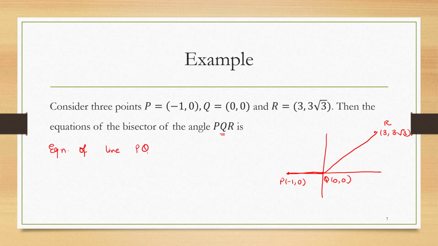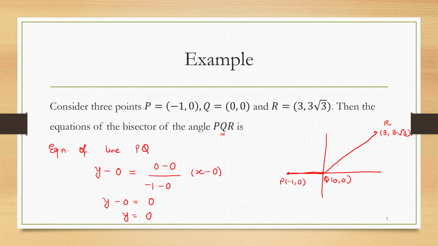For this we will use the 2-point form of equation of line, that is y minus y1 is equal to (y2 minus y1) upon (x2 minus x1) into (x minus x1). So we get y minus 0 is equal to 0, that is y is equal to 0. Otherwise also we can see it is the x-axis, so its equation will be y equal to 0.